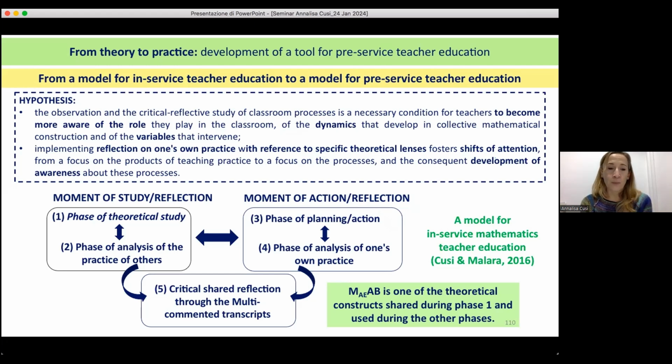At the end of this process, there is a moment of shared reflection through a methodology that I have no time to present, a methodology of multi-commenting transcripts in which different teachers, researchers and teacher educators reflect on data collected by teachers in teaching experiments. And the construct of a model of aware and effective attitudes and behaviors is one of the theoretical constructs that is shared during the first phase and is used during the other phases.